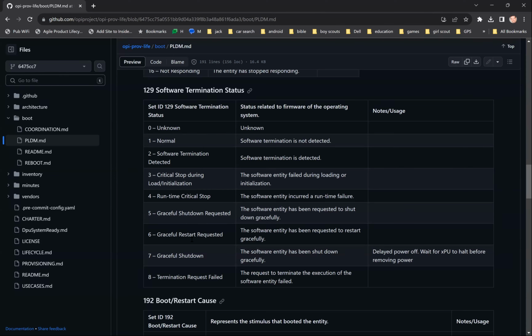But anything other than 7 would mean that the software is going into a degraded state, but it hasn't completed that. One of the things that's confusing me is the term software. Is this an application or is this the OS? It could be either of those depending on which entity you're talking about. So normal means not terminating. Yeah, it's just running normal.